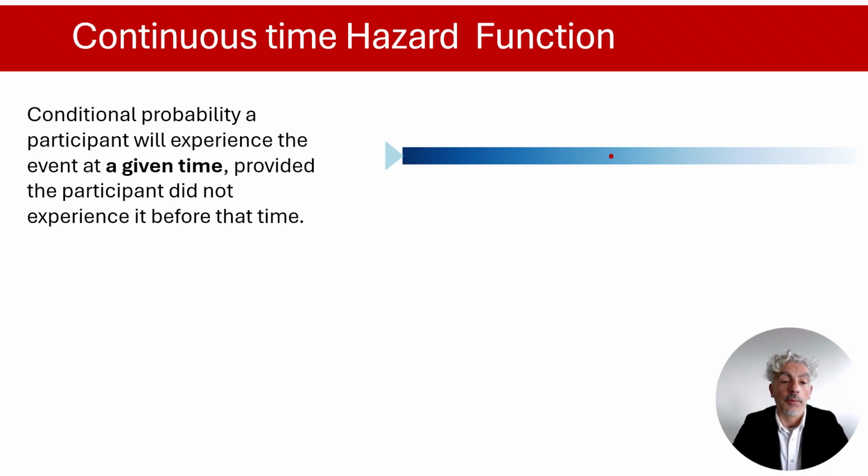Or in principle, we can even measure them in milliseconds and so on. Which means that we can potentially break down time into infinitesimally small units, making in this way the probability of an event occurring within a given instant virtually 0.